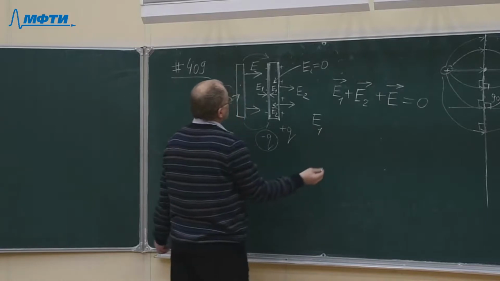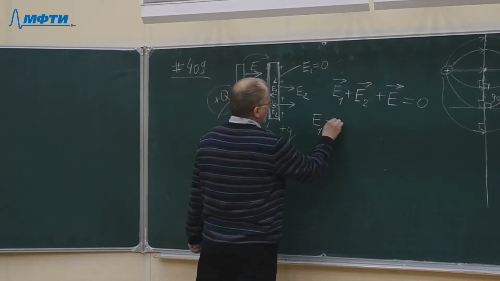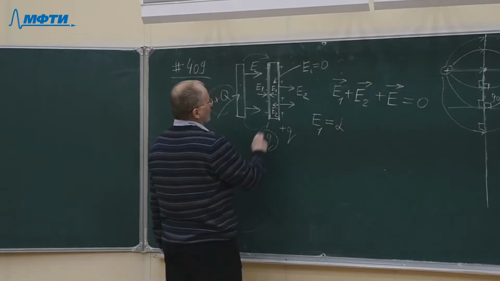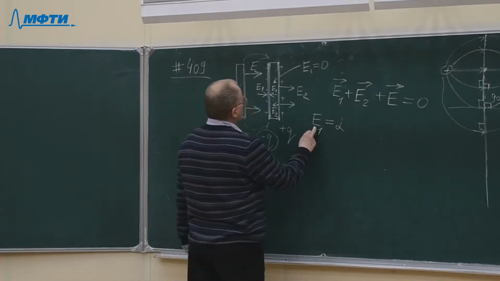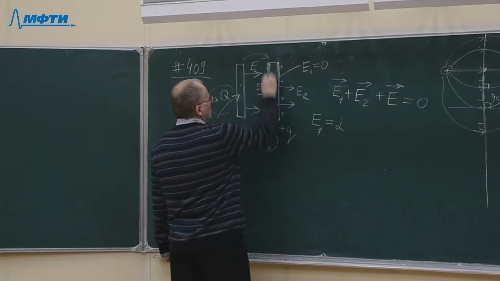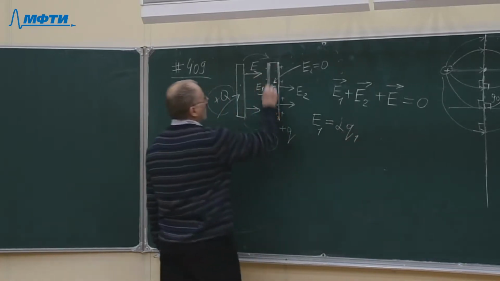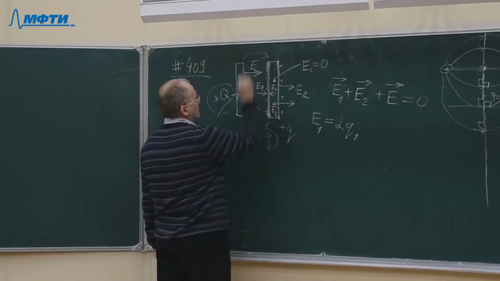If it's proportional, we just introduce some coefficient of proportionality, like alpha, and we may write that E1, the field generated by the left surface of the second plate, is proportional to the charge Q1, which is located on the left side of this plate.